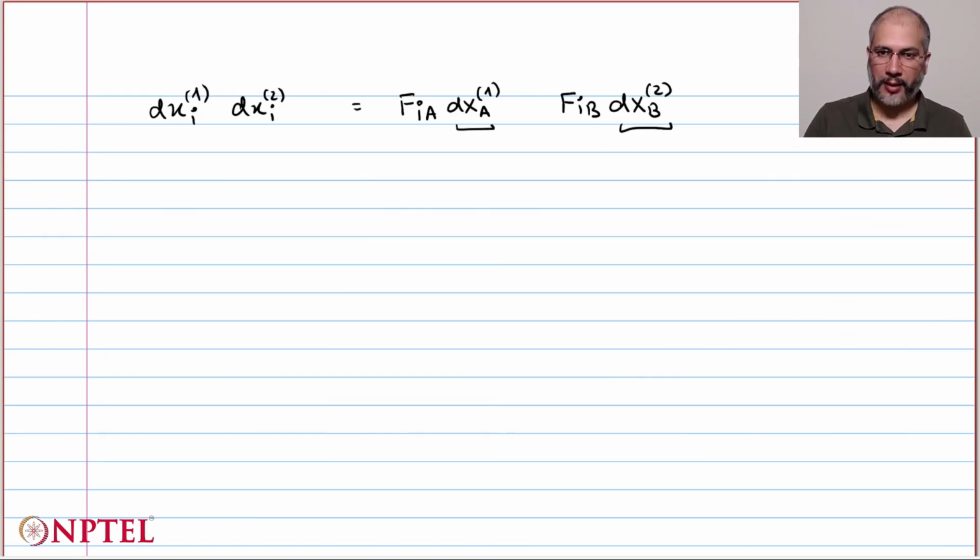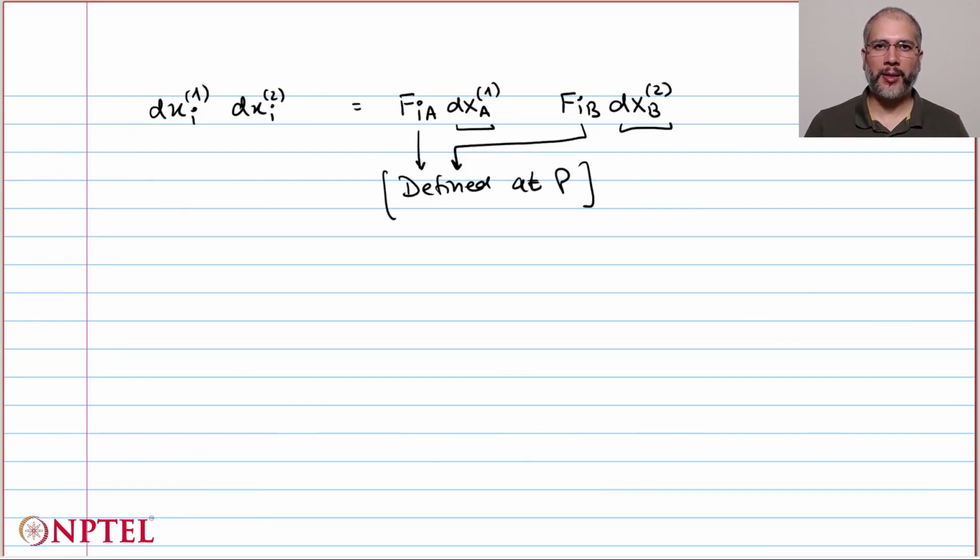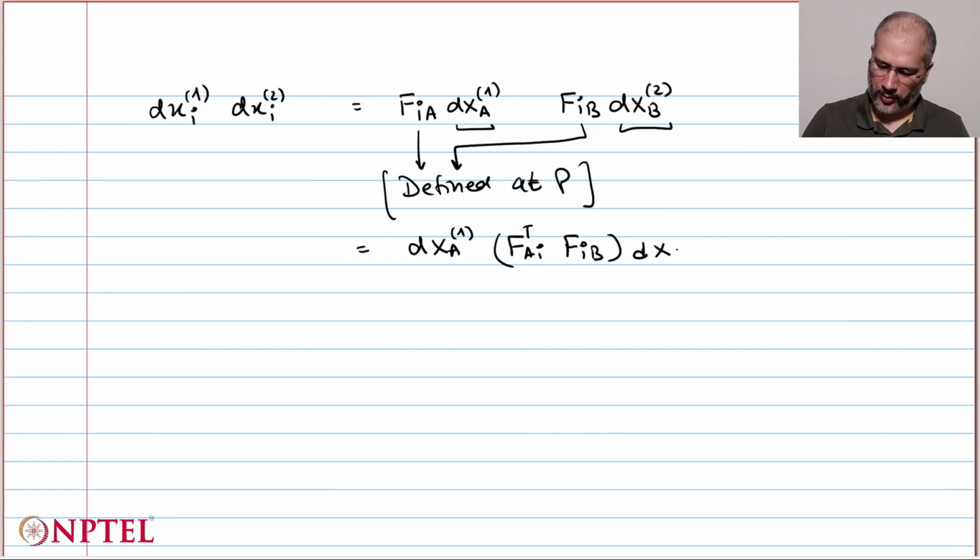So these are different line elements, but the quantity F_iA, the deformation gradient tensor, and F_iB, they are both the same tensor defined at the point P, because we're talking about quantifying deformation at the point P. So we'll rearrange the terms. So this becomes dX1_A times F transpose_Ai times F_iB times dX2_B. And this quantity we just defined as capital C_AB which is the Green's deformation tensor.